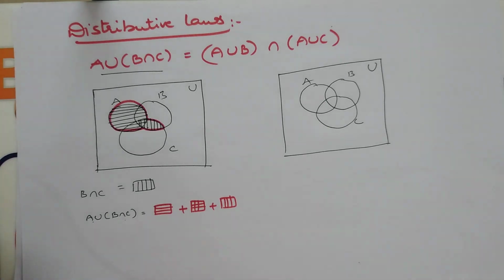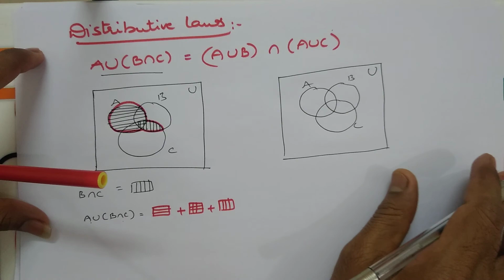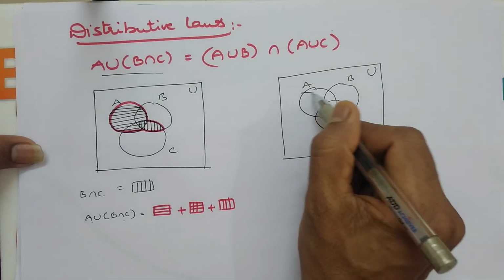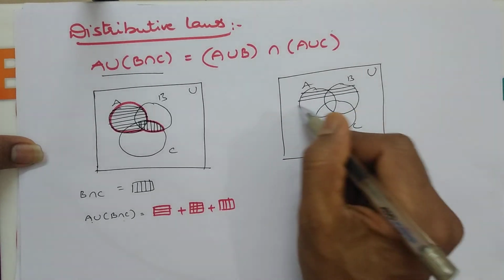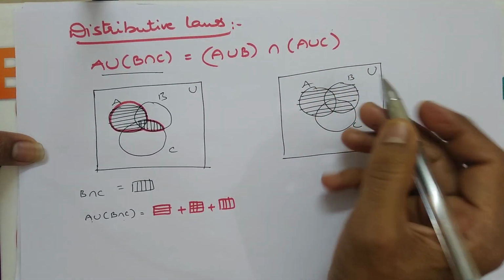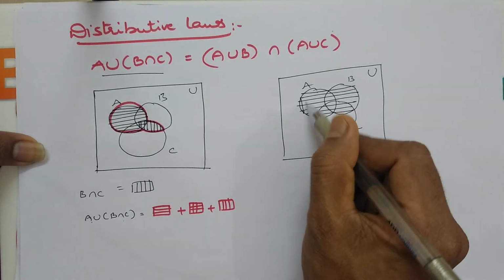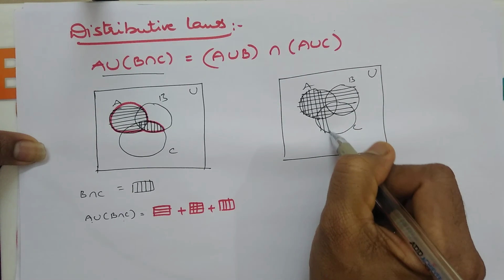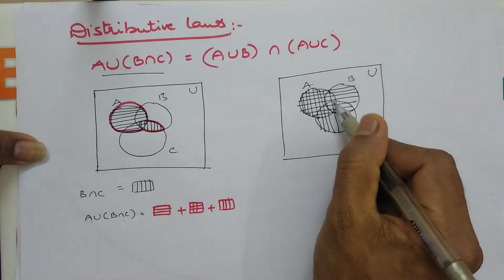Now next, here I am doing A union B. A union B means here the full region. A union B, and A union C. Now you go for vertical lines. Differentiate regions.